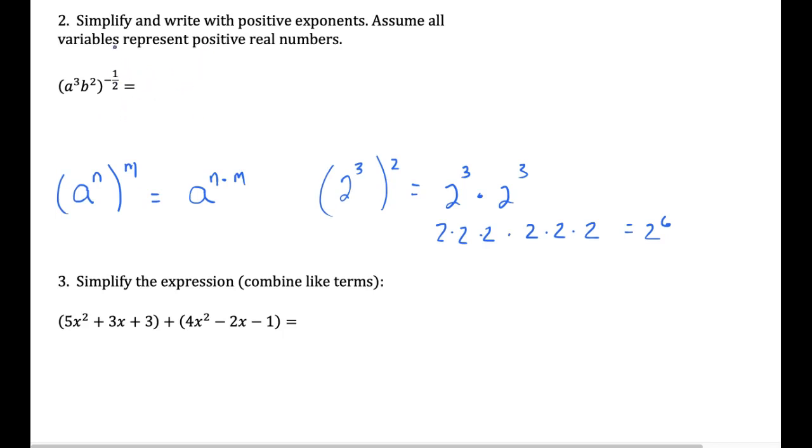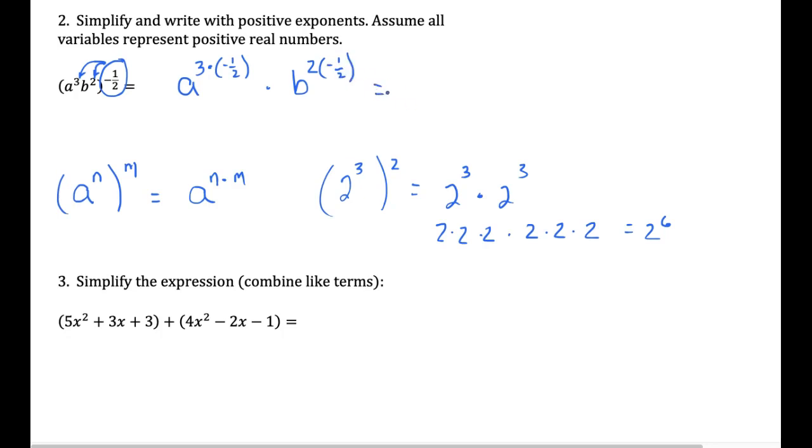Okay, so we're going to use that same rule applied here. I need to take the negative 1/2 and multiply it times the 3 and times the 2. So I get a to the 3 times negative 1/2, and then b to the 2 times negative 1/2.